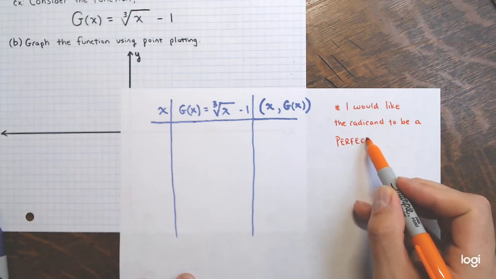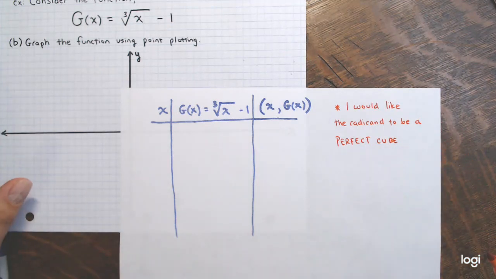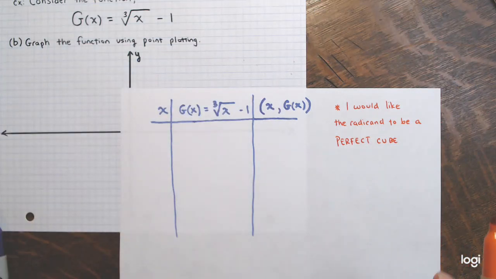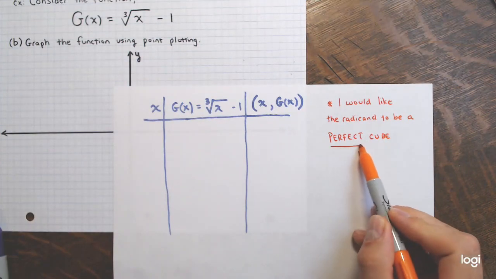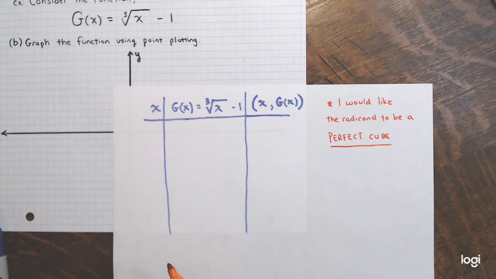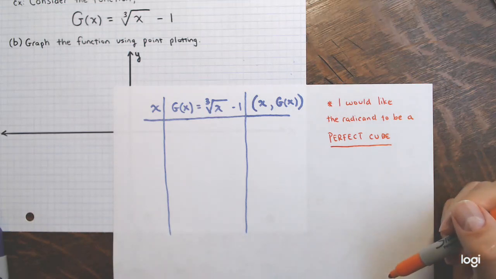That would make things real nice for me. Now, it doesn't have to be. We saw the domain was all real numbers. I can plug in anything I want for x. But I'm going to try plugging in things for x so that the radicand, the number underneath the symbol, is a perfect cube. So let's talk about what some perfect cubes are.